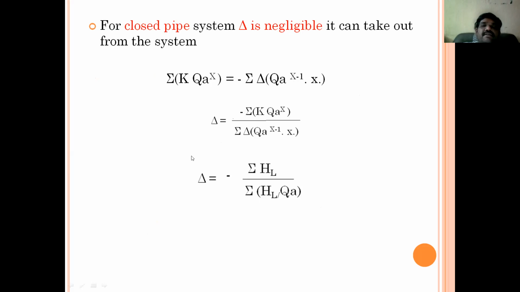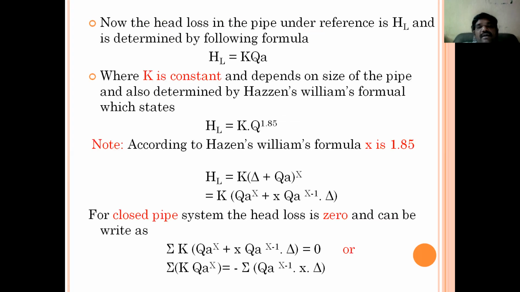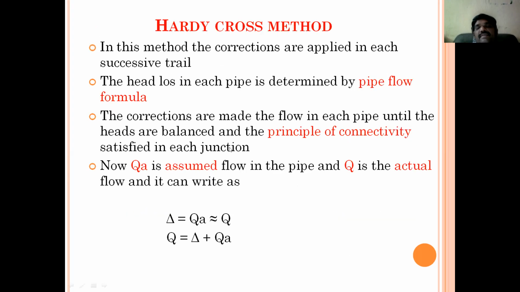That means delta equals minus sigma K QA power X divided by sigma K X QA power X minus 1, that is, delta equals minus sigma HL by sigma X HL by QA. This is the formula as per the Hardy Cross method.